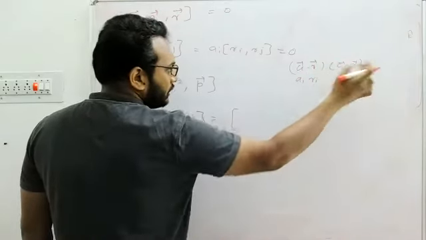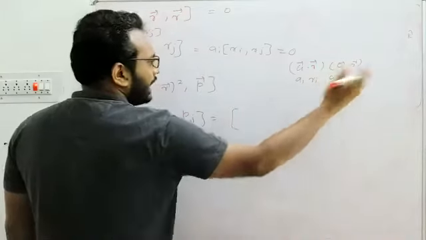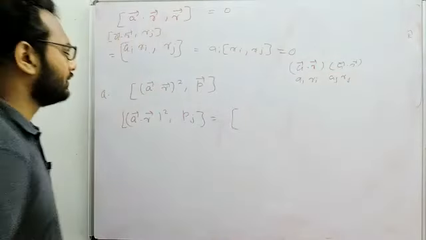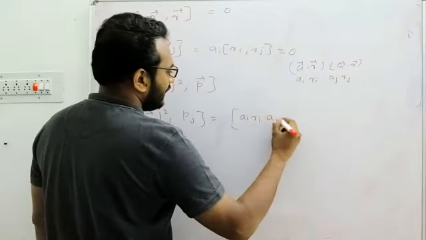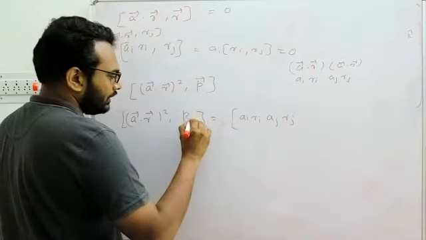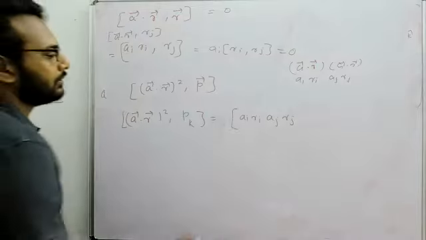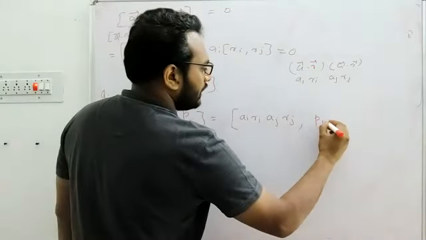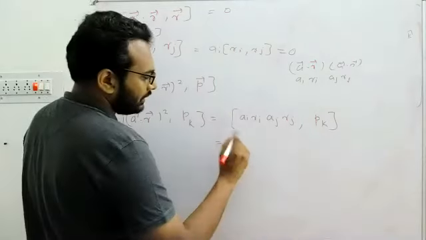And here I shouldn't use the same index, I use A_j R_j. Sum over i and j are implied. So this is equal to A_i R_i A_j R_j. I used j as a dummy index there, so with P_k, let me use k as the next index.